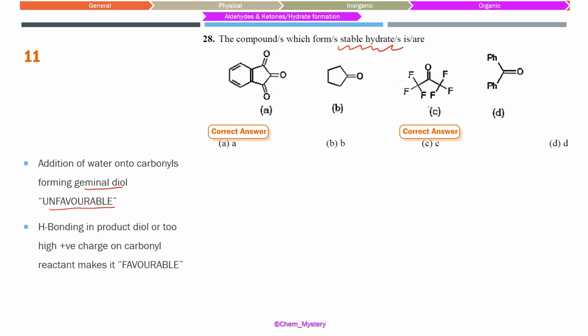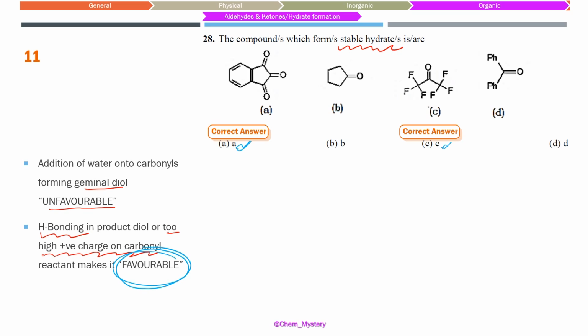So we need to see in our given example where this favorable hydrate formation can be there. This first compound upon hydration gives what we call ninhydrin, and this next compound is hexafluoroacetone basically, that is also going to give extensive hydrogen bonding. So these are going to be the correct options.